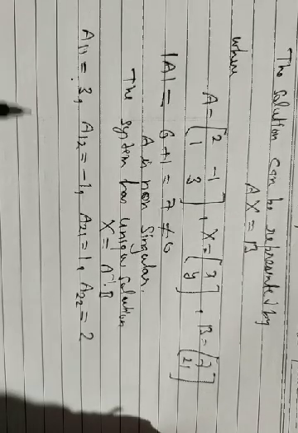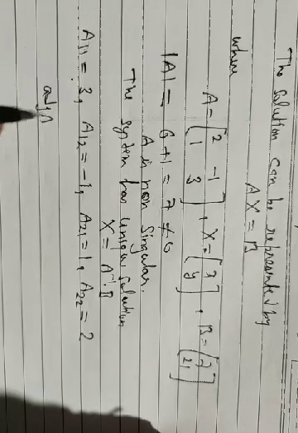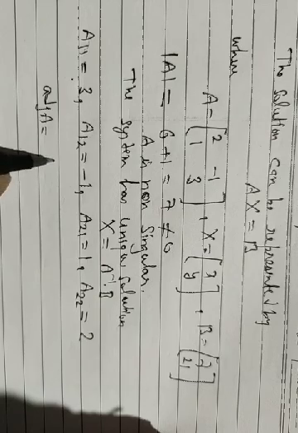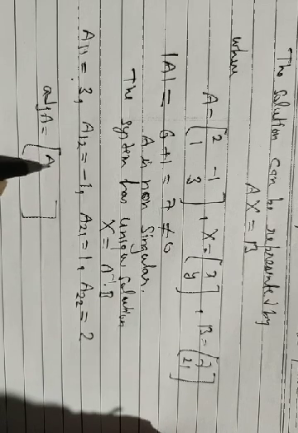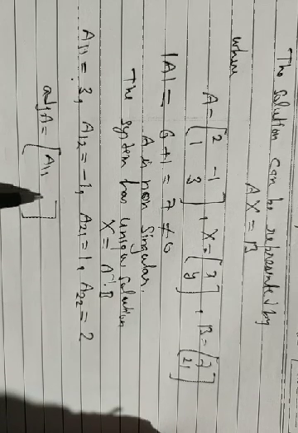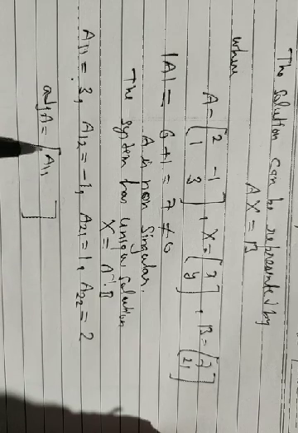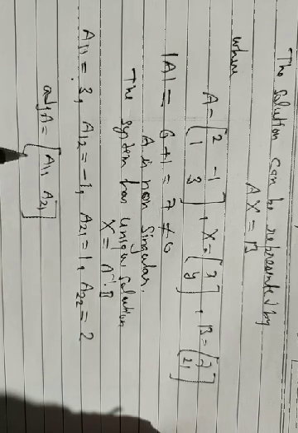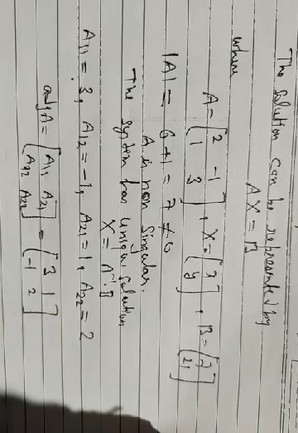After getting the cofactors, again we are going to find the adjoint of A. How do we get the adjoint of A there? Our adjoint of A is what? Here should be A12, but we are taking the transpose already there. Then A12, here is A21, then A22 here. Then our adjoint of A is what? We get 3, minus 1, 1 and 2.